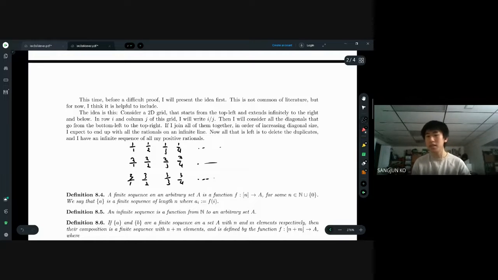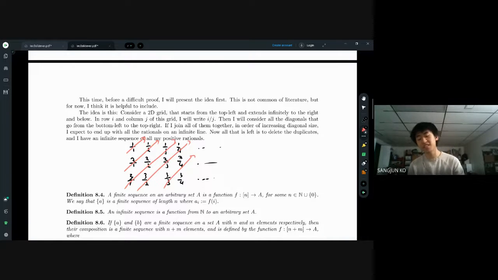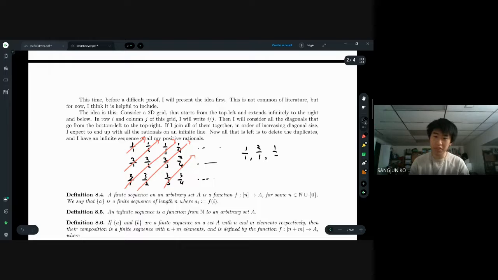And the idea is we're going to go this way, and then this way, and this way, etc. This is going to give us a listing of the rational numbers: 1 over 1, 2 over 1, 1 over 2, 3 over 1, and so on.